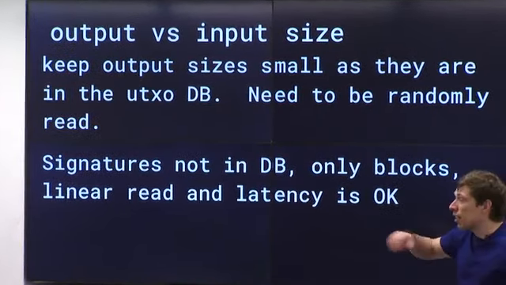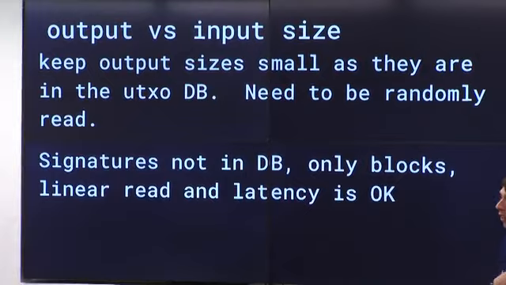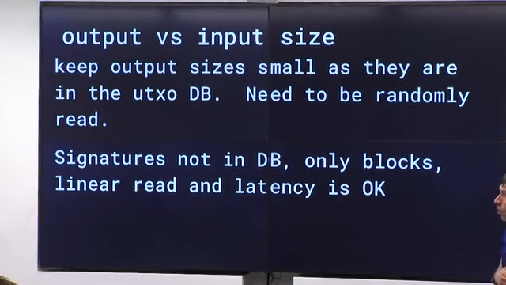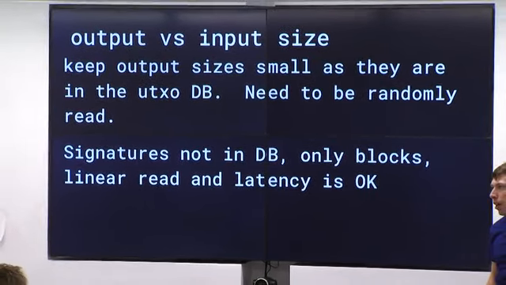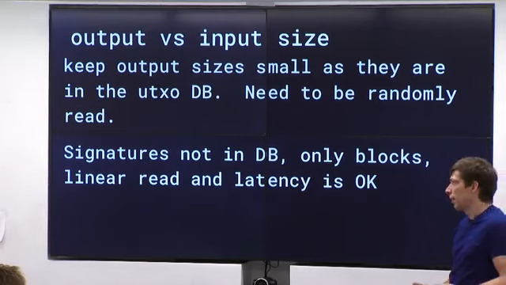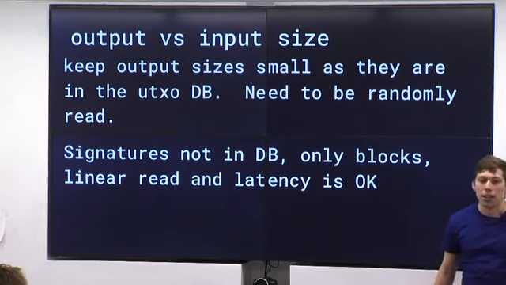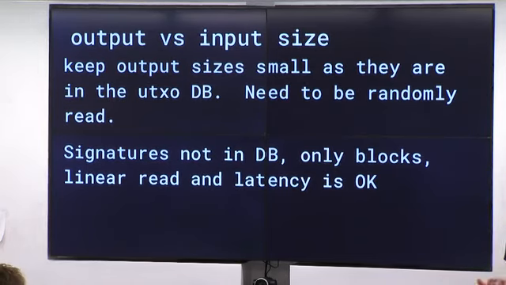The signatures don't have to be in any database. They're just in these old blocks, and you read from them linearly, the whole block at a time. High latency is fine. There's never any timing critical reads for this. So basically, you could store the blocks as just files on your hard drive, block1.dat, block2.dat, and have 500,000 files, because you always read them a block at a time.